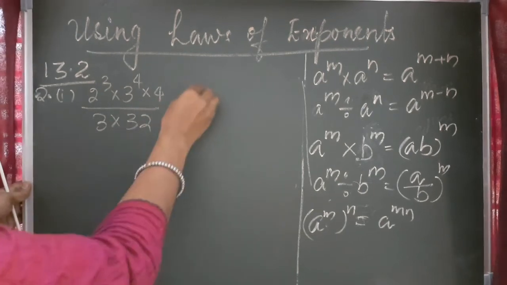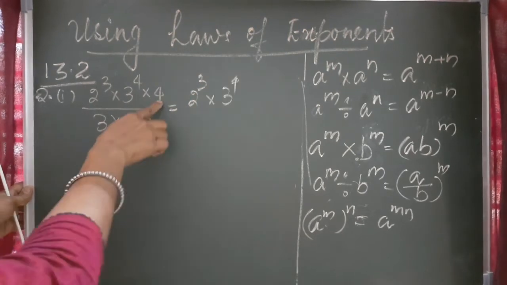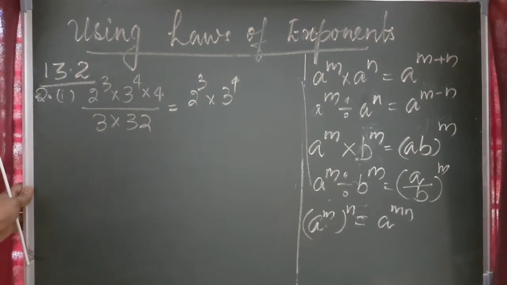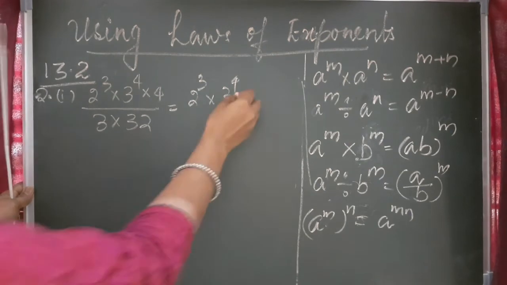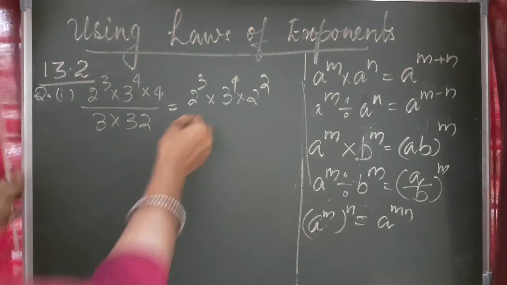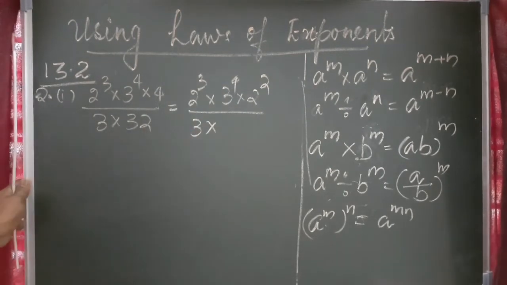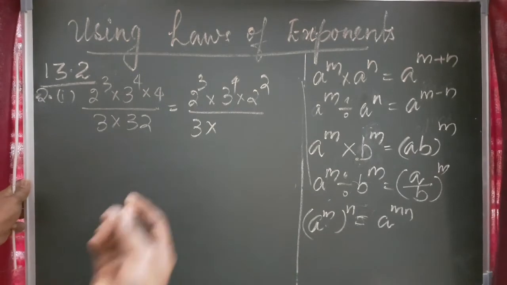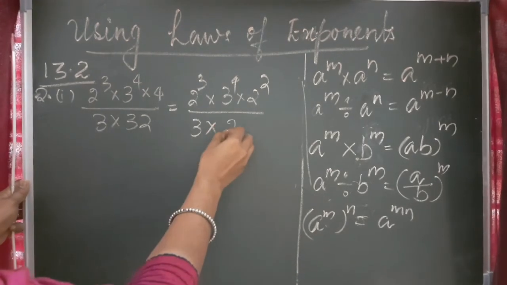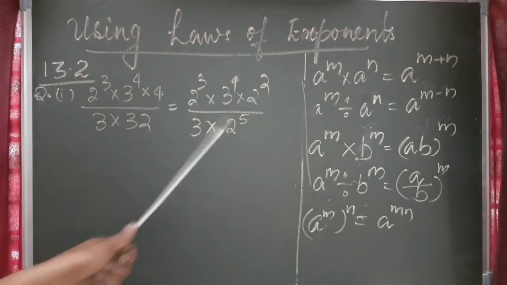Here, 2 raised to 3 into 3 raised to 4, and 4 can be written in terms of 2, that is 2 raised to 2, which is 4, divided by 3 into 32. 32 can again be written with base 2, as 2 raised to 5, because 2 into 2 into 2 into 2 into 2 is 32.